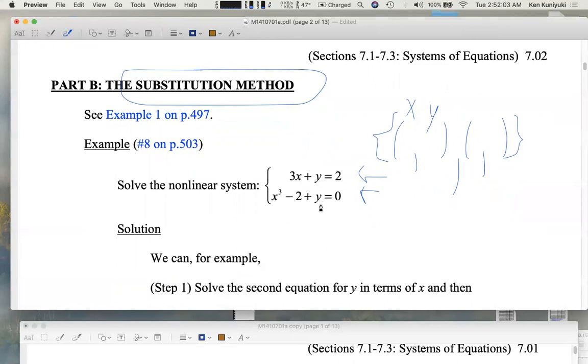You could solve for x in terms of y, but as you might see, if you solve for x in terms of y, we're going to end up with a cube root. That doesn't seem so appetizing. So in the second equation, let's try to solve for y in terms of x. In the first equation, you could solve for either. It could be easier to solve for y. Okay, let's solve this second equation for y in terms of x.